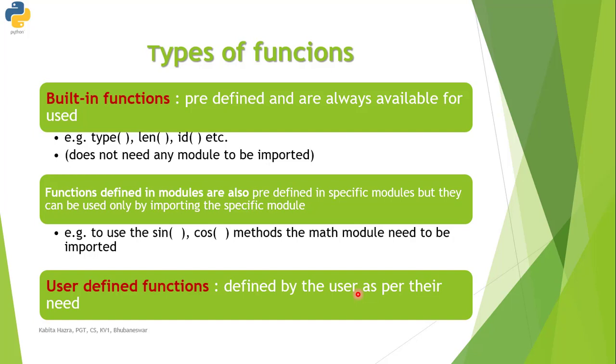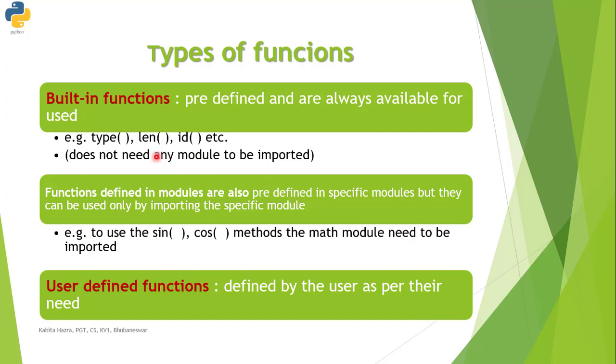Now, let us have a look at the different types of functions. Basically, all the programming languages provide a predefined set of functions to be used in our program directly. Sometimes we have to use some modules to use a particular type of function.